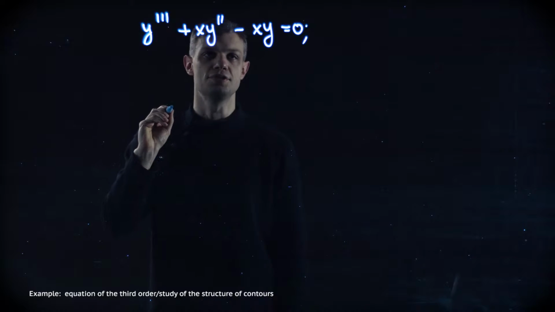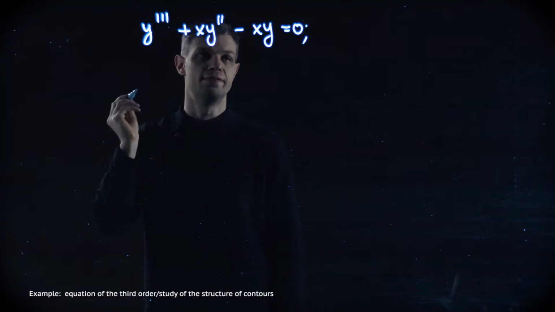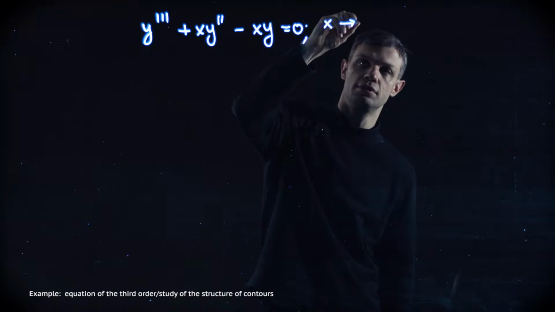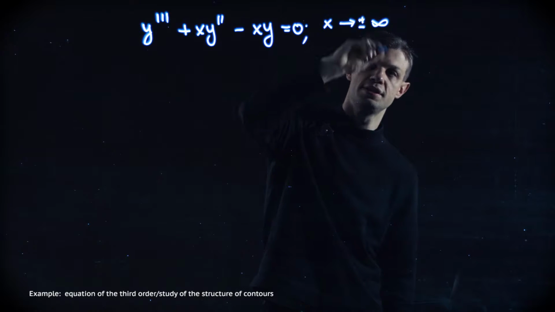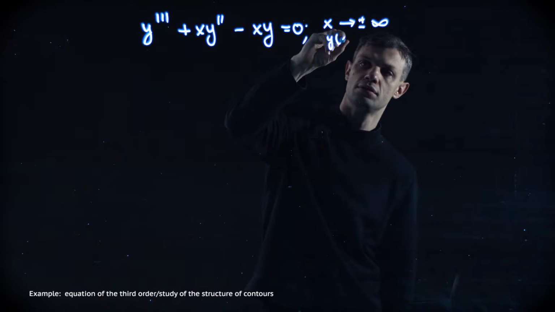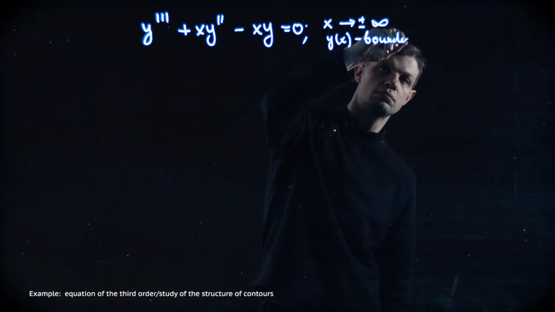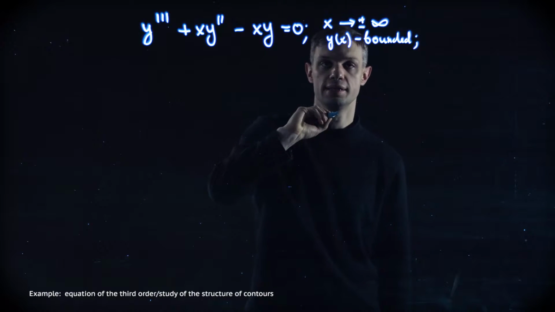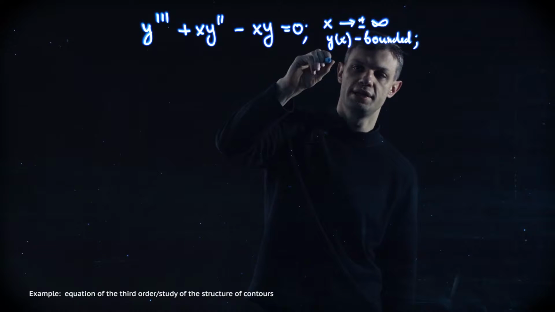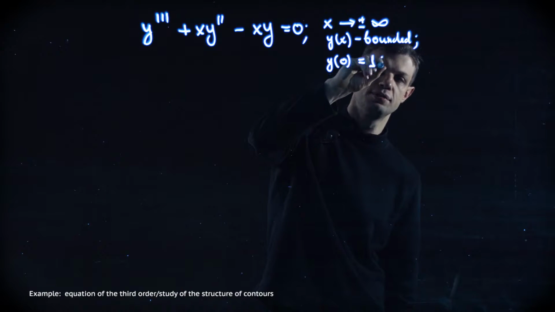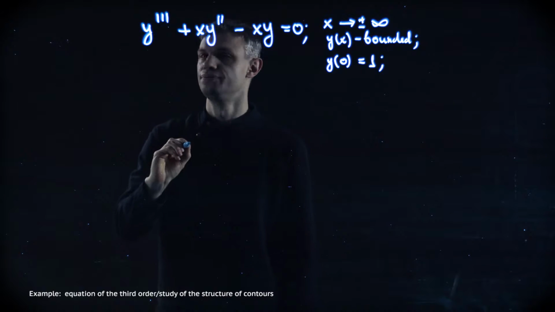This time we'll be interested in the solution which is finite or bounded at x tending to plus and minus infinity, and we'll normalize the solution at the origin by the following condition.